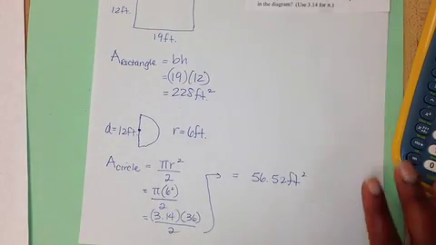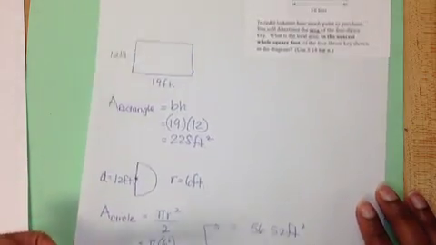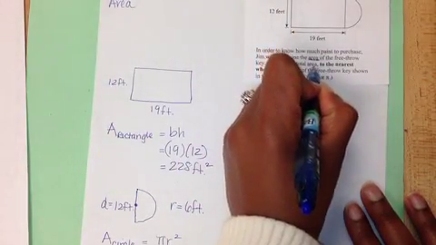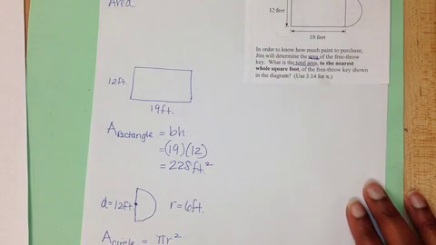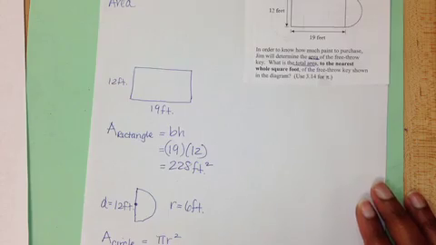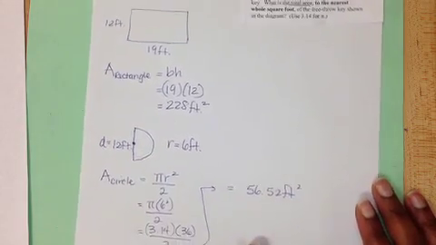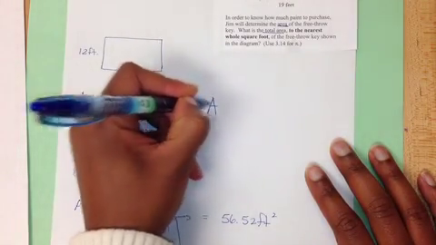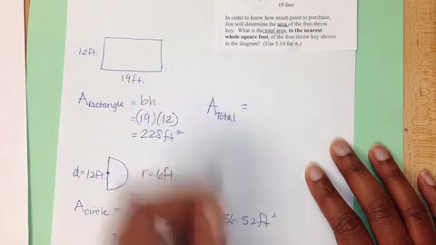So you're probably saying, okay, we're done. No, we're not. Remember, the problem came back. Let's go back to the problem. The problem says, what is the total area of the figure? So total to me means the sum, everything together. And sum, of course, means to add everything up. So now we're going to do our last step. We're going to say A, and we're going to call this total, so I can remember what I'm doing.